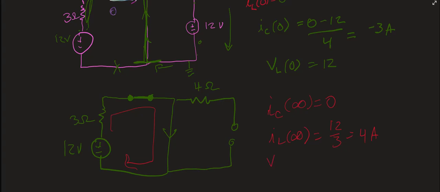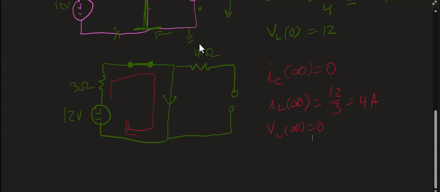VL at infinity will be 0. There's not going to be a voltage difference across that inductor. And VC at infinity will also be 0 because it is in parallel with a short circuit. So 0 volts and 0 amps.